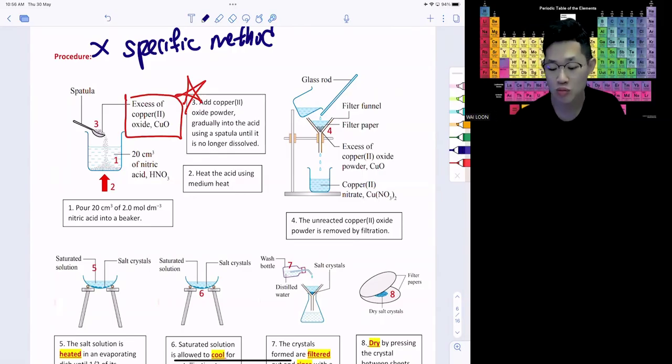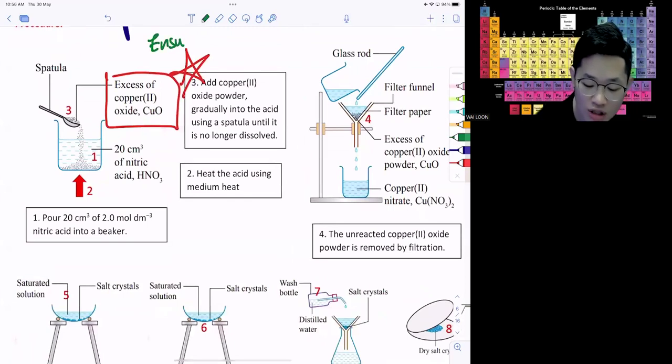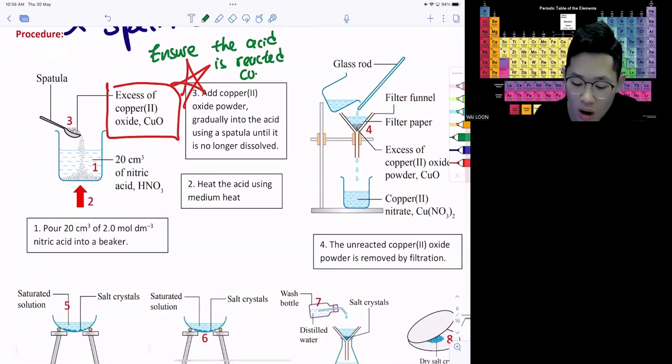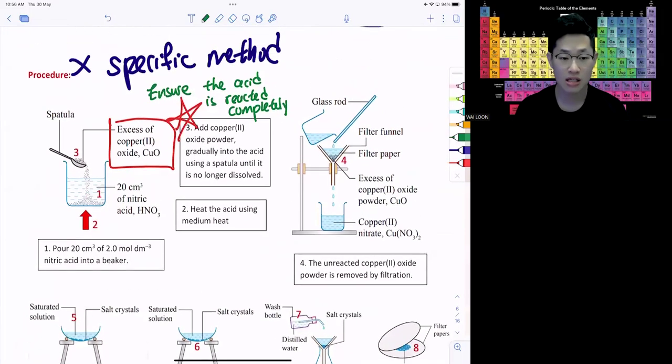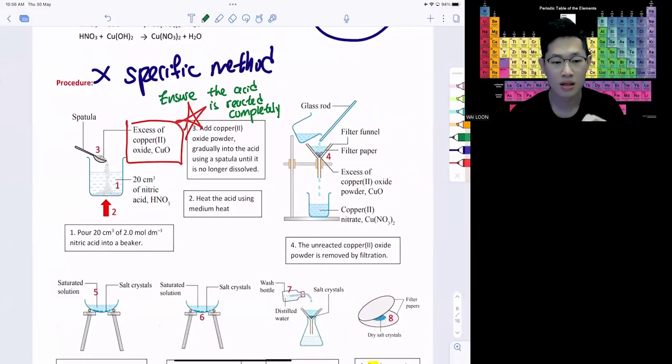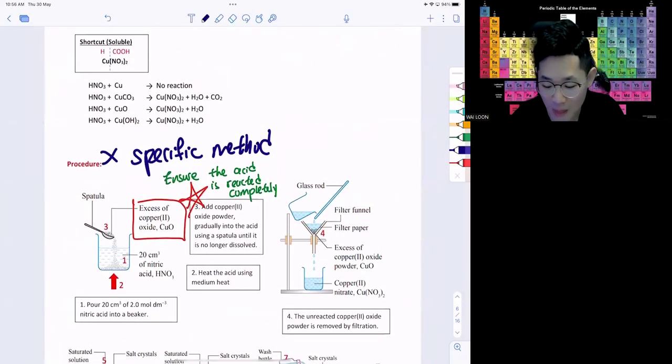This step is to ensure the acid is reacted completely. Okay, you can write down this one, it's important. You write down first, I draw my diagram.